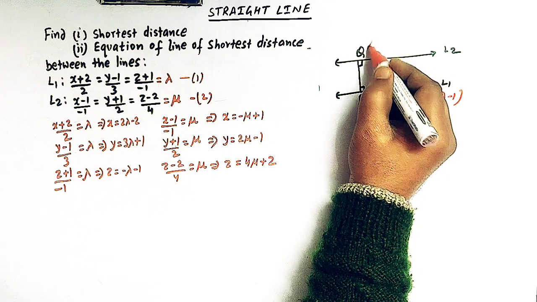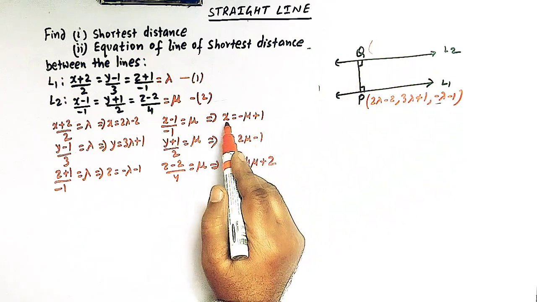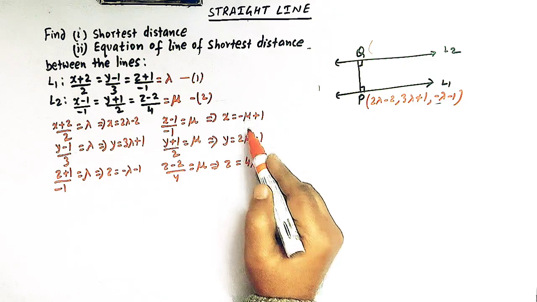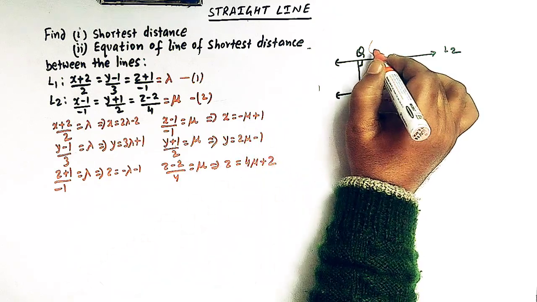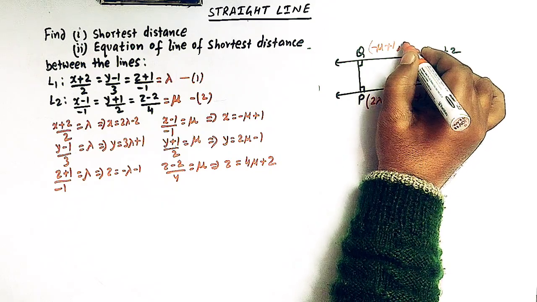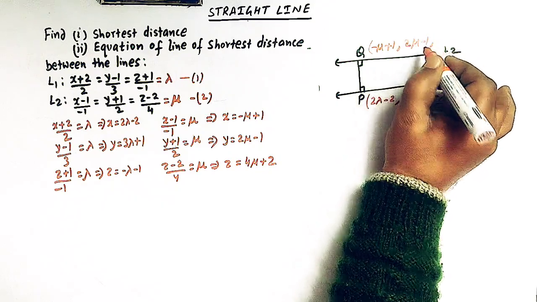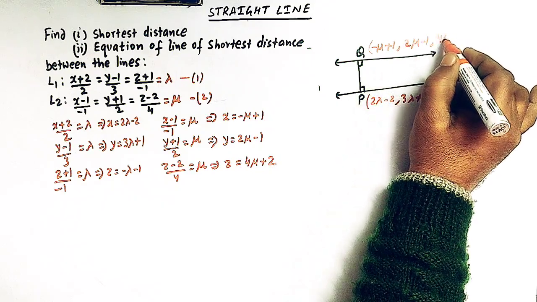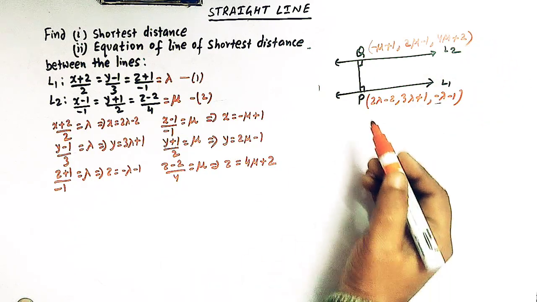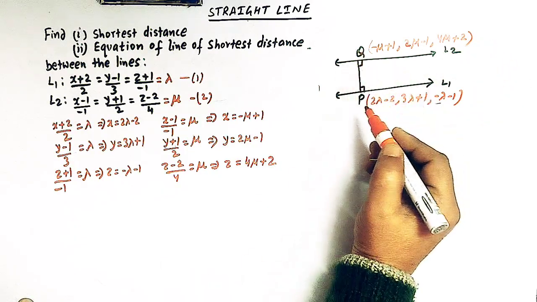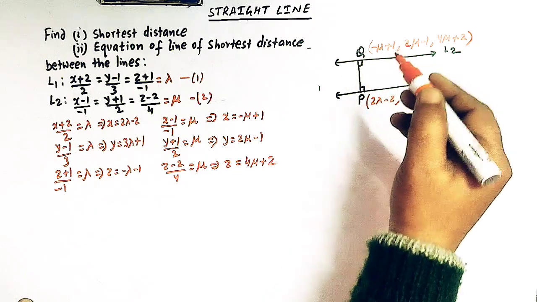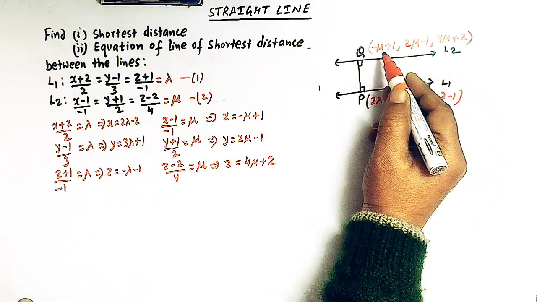And similarly the coordinates of the point Q for some value of mu are minus mu plus 1, 2 mu minus 1, and 4 mu plus 2. So now we have the coordinates of point P and Q for some value of lambda and mu.